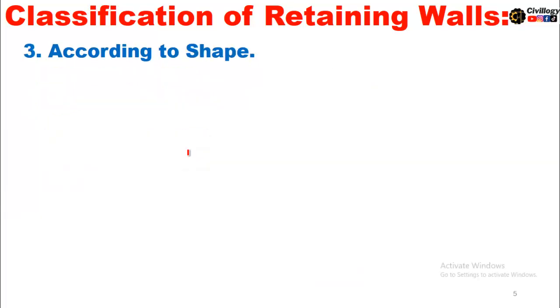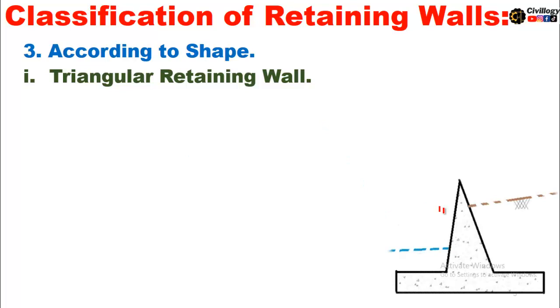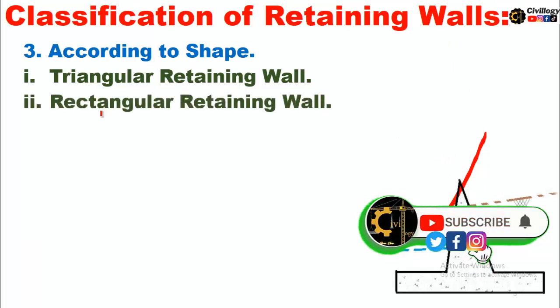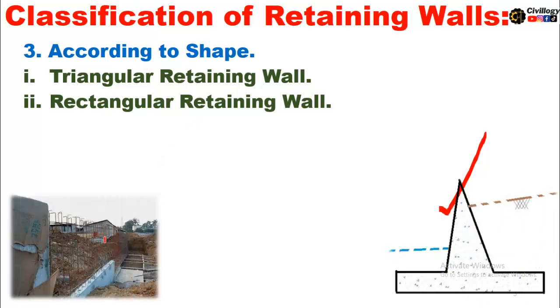If we classify the retaining walls according to shape, the first one is triangular retaining wall, and it has the shape of a triangle, as you can see over here. And similarly, rectangular retaining wall is in the shape of a rectangle, as you can see over here in this picture.